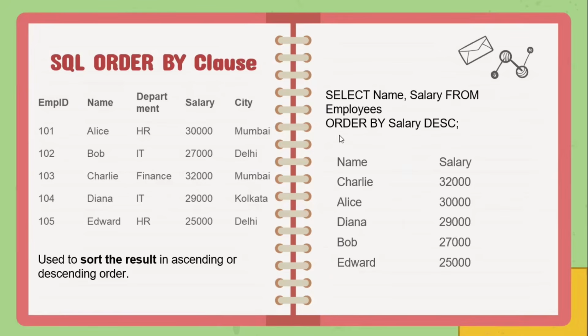That means I want to order the persons' data by their salary in descending order. So you can see that the data will show up like this, ordered by descending salary ranges.